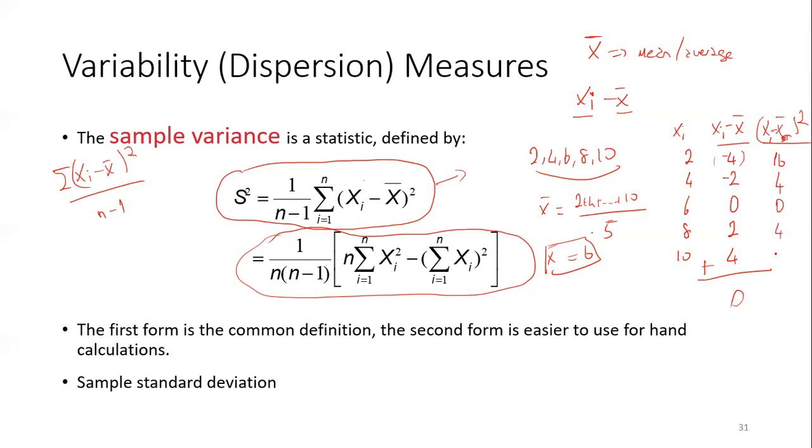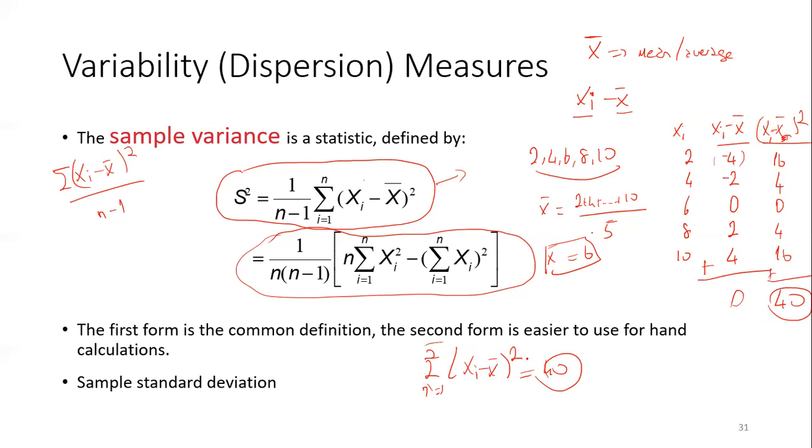This is 0, 4, and 16. If you sum them up, that's equal to 40. So 40 is the sum of xi minus x bar squared, from 1 to 5. This is the total deviation of data from the center.